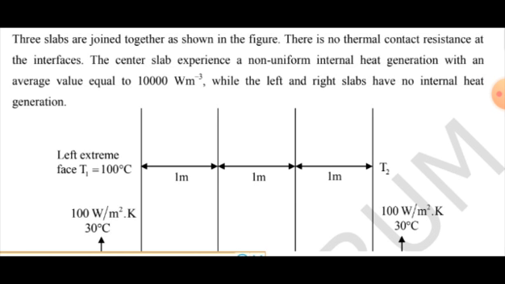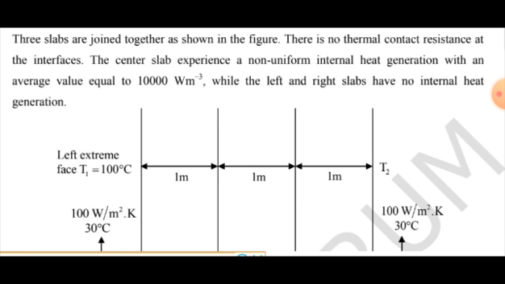Then on the left side, 100 watt per meter square Kelvin. By finding its units itself, we can confirm that the given value is a heat transfer coefficient. Therefore, from the end of this slab, by means of convection, the heat is transferring.